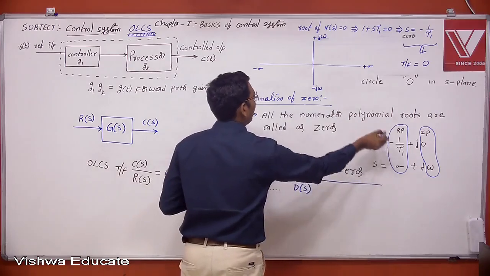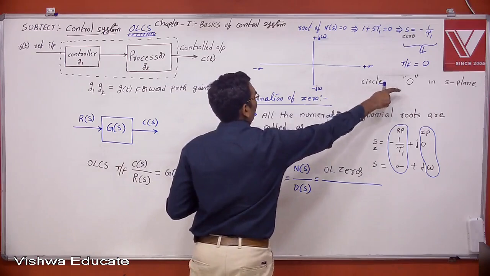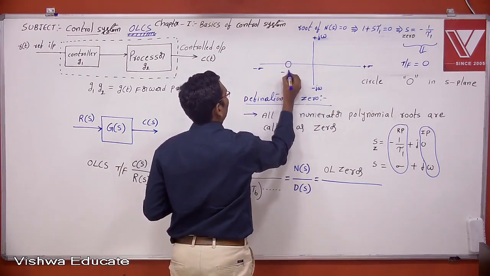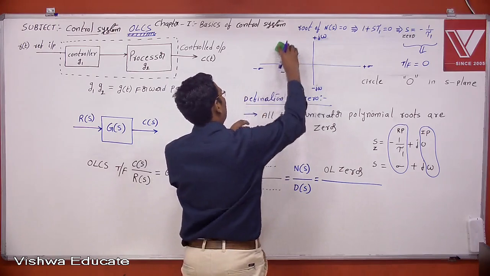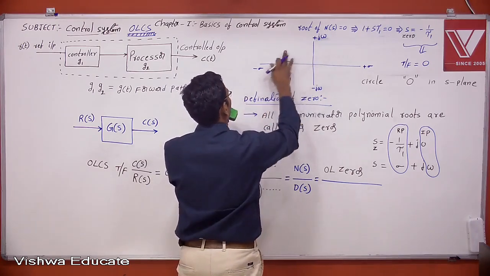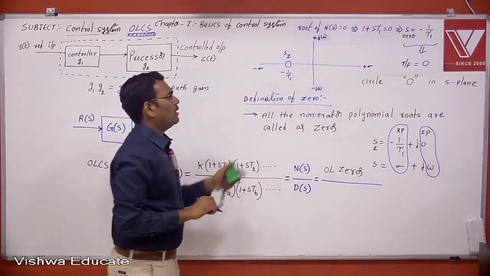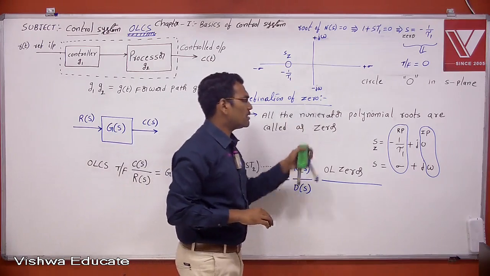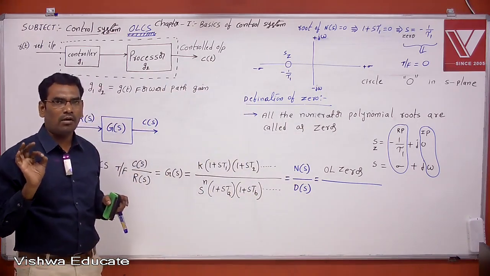Only negative real part, therefore it lies on the negative real axis with a symbol of circle with a value of minus 1 by tau 1. This is the definition of 0 and the representation of 0 in the S-plane. It is a very simple definition: all the numerator polynomial roots are called zeros.